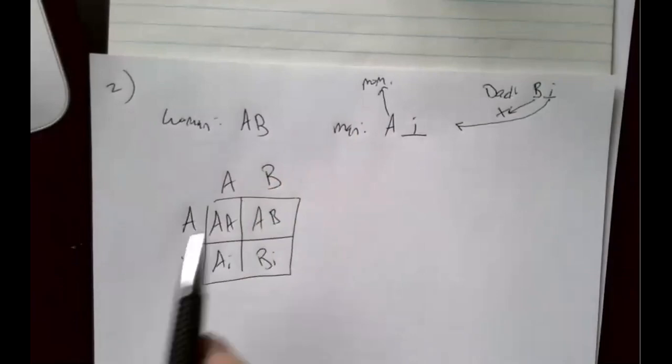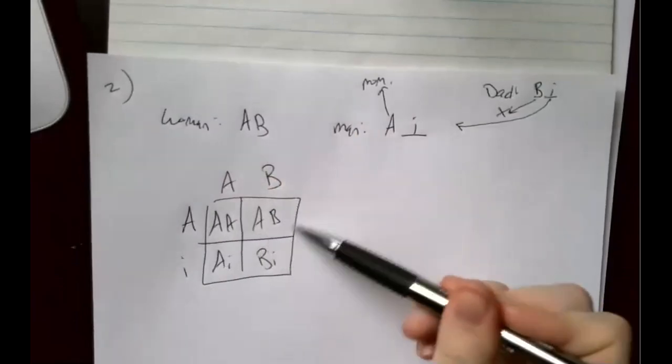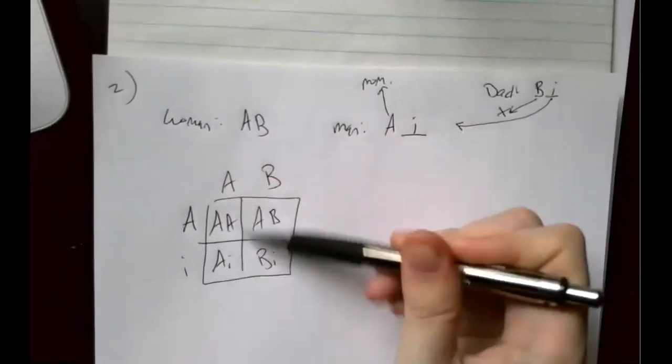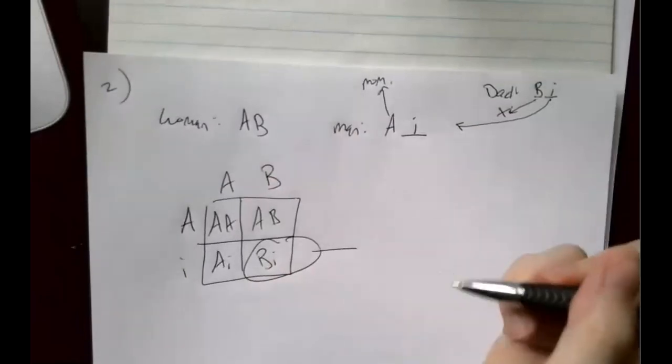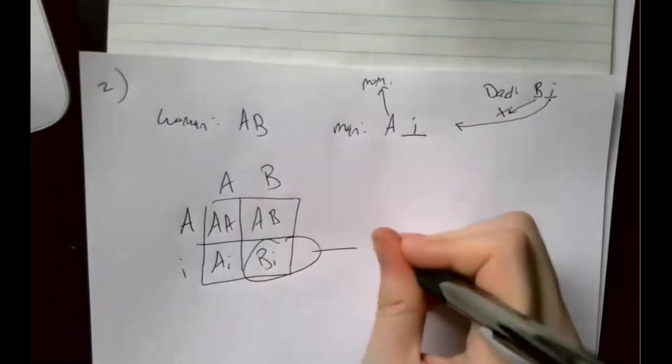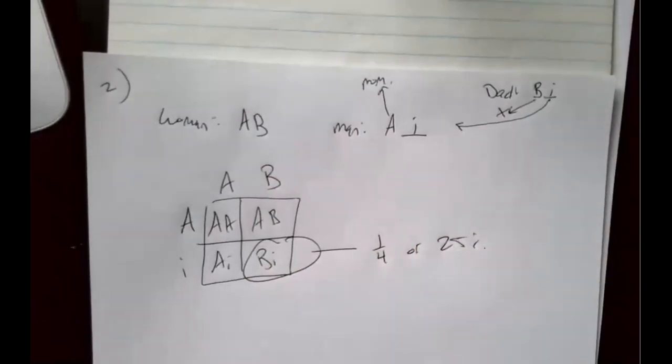And so we end up with one child that's type AB, 2 children that are type A, and 1 that is type B. So 1/4 or 25% are type B.